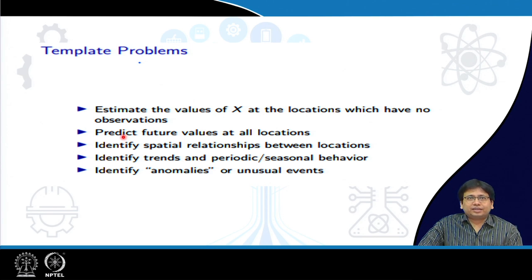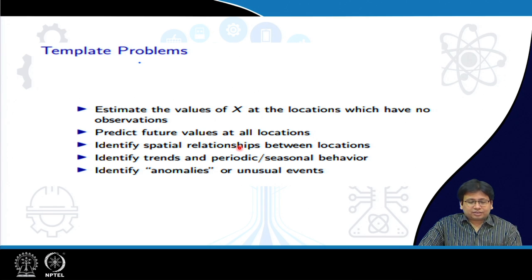The second question is, can we predict the future values? Let us say we have observations at only the blue locations till a particular point of time, let us say till t equal to 500. Then in the subsequent time steps, what the observations are going to be at both the yellow and the blue locations, can we make a forecast of that? That is another kind of problem.